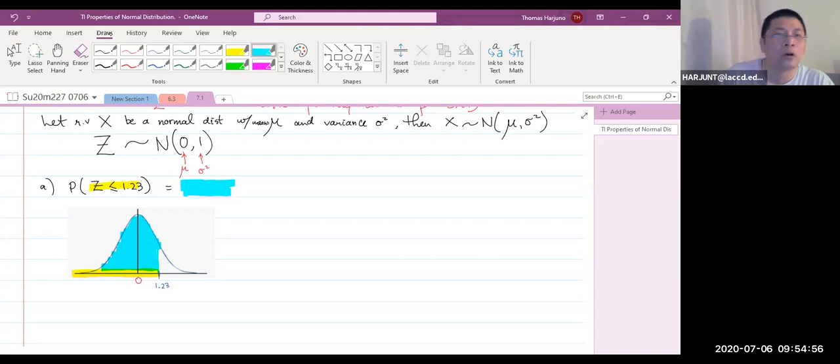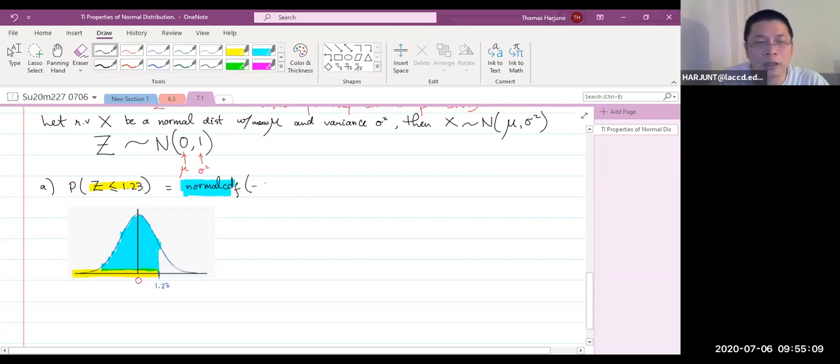Now, what is the calculator notation? This will be normalcdf from negative infinity up to 1.23, followed by the mean and standard deviation.